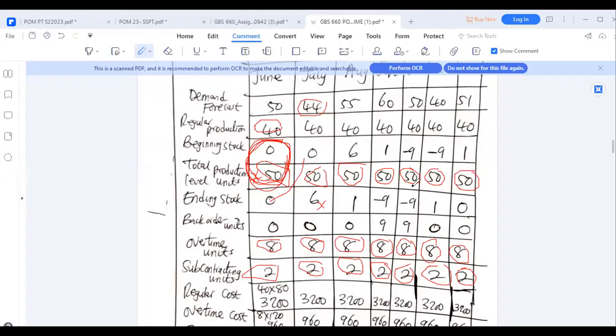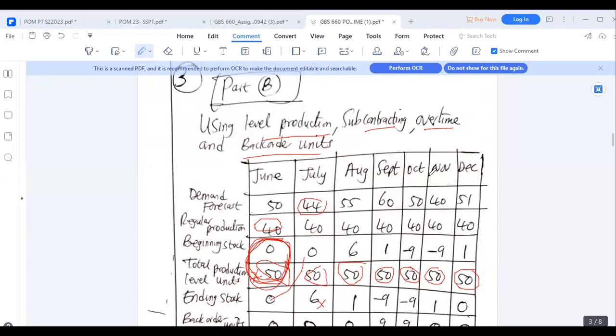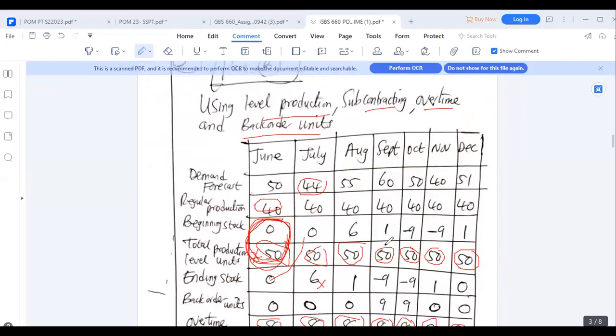So here, in September, we didn't even have a physical stock that we closed with because opening was 1 plus 50 is 51. To meet the demand of 60, we are under pressure. We have -9. In fact, what we are simply saying is that we don't even have the physical stock.